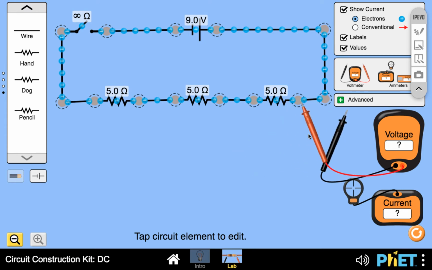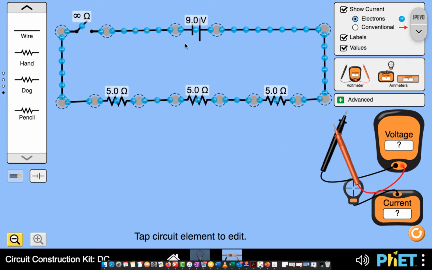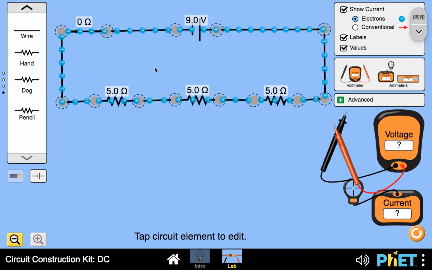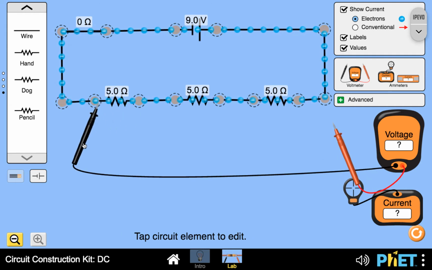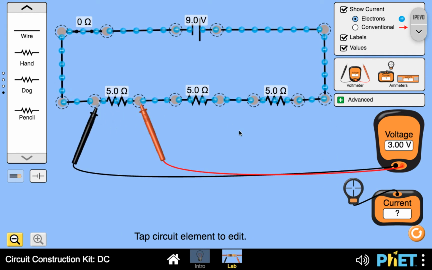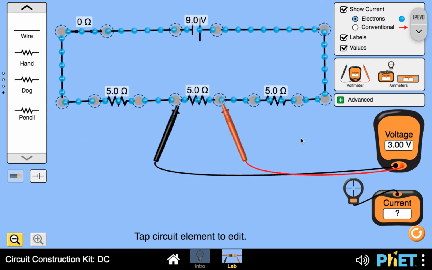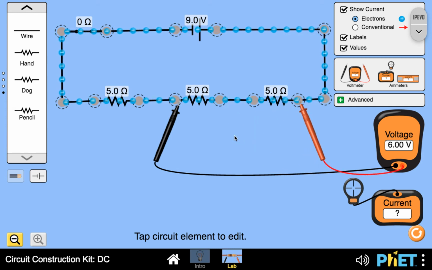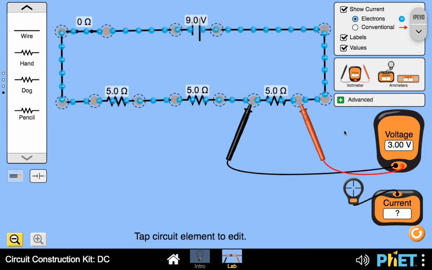Now we are going to close our switch, and obviously we should see some changes. Right, so as you can see there, the current is flowing. So now let's measure and see the difference. For the first resistor, our potential difference is exactly 3 volts. The second resistor, our voltage is now 3 volts, and the third resistor, our voltage again is 3 volts, which confirmed what we just said.